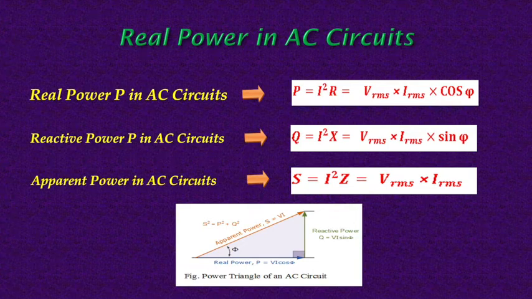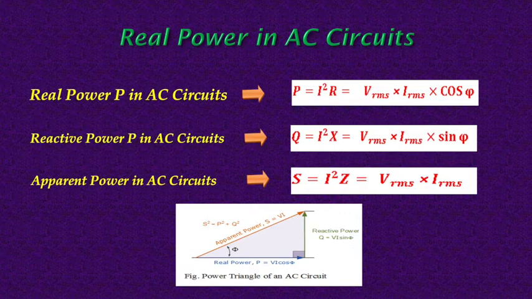So P equal to I square R, V into I cos phi. Q equal to I square X, V I sin phi, and S is I square Z, V into I. So from the power triangle, this is P, this is Q and this is S. So S equal to root over P square plus Q square.